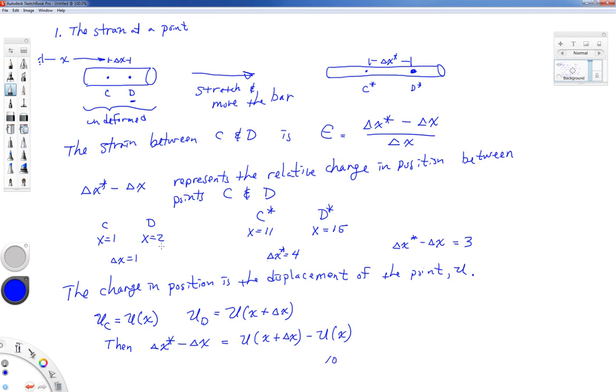Point D, which was at position x plus delta x, at x equal to 2, it displaced 13 units in order to get us to x equal to 15. Okay, so 13 minus 10 gives us 3. So this, in terms of displacement, is just a fancier way of writing this delta x star minus delta x term. But it's the same thing.